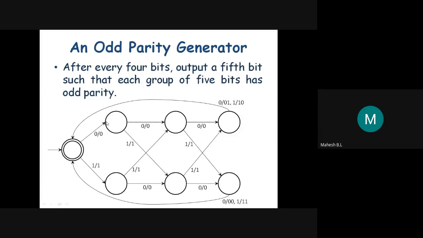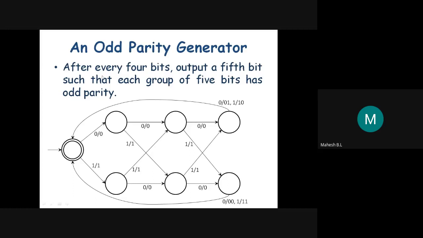Then on 0, you make a transition to this state, output is 0, 0, output is 0, 0, output is 0. See how many zeros we encountered? 1, 2, 3 zeros are encountered. Outputs are also 3 zeros.